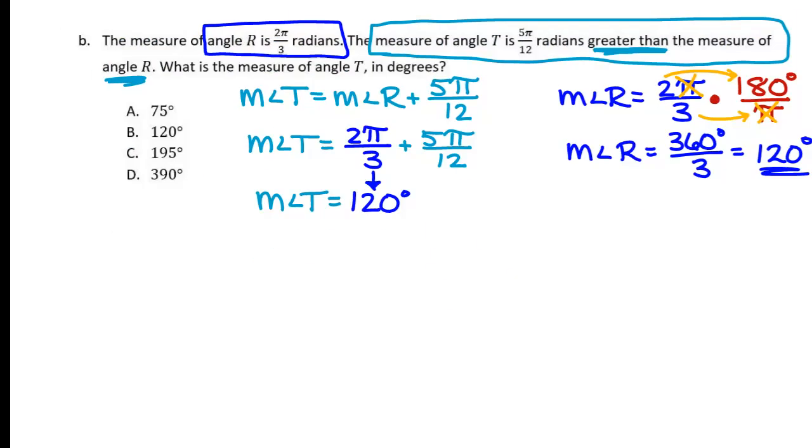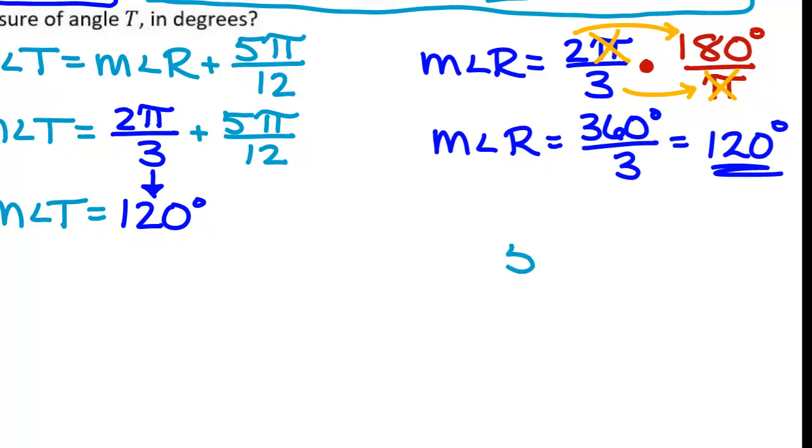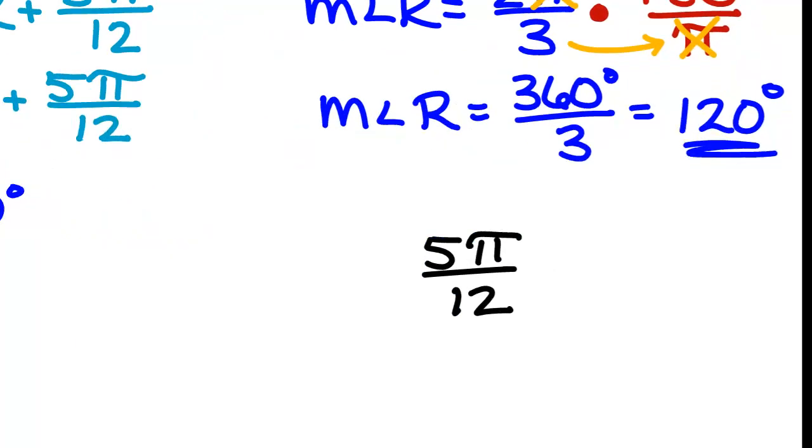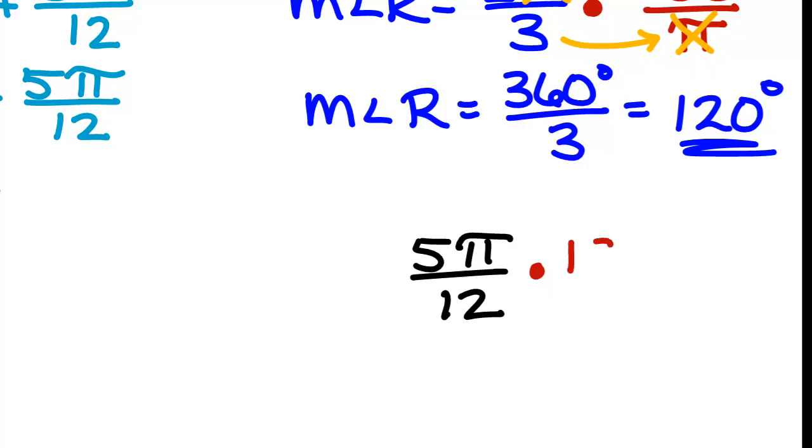Now we just need to figure out what 5 pi over 12 is in degrees. So 5 pi over 12. We're going to take that and we're going to multiply by 180 over pi. The pi in the numerator and the pi in the denominator are going to cancel each other out.